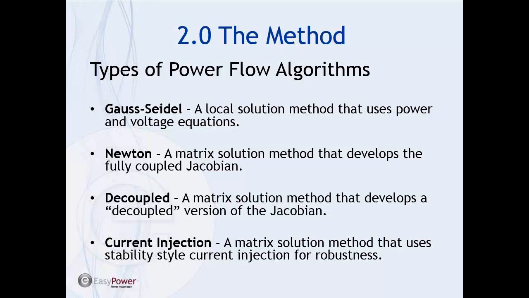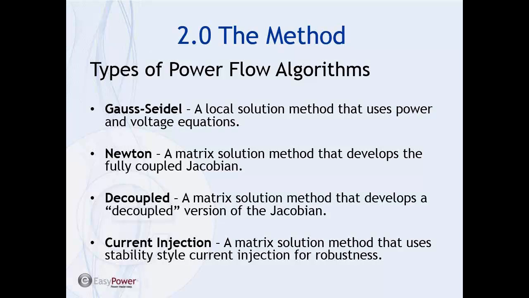So in the Newton, we're actually looking at a network matrix solution, and they develop a matrix called the Jacobian, which relates changes in voltage magnitude and angle to changes in both real and reactive power. So it comes up with a square-looking matrix called the Jacobian to do that. It is a very fast network solution, but it's also a tad bit unstable.